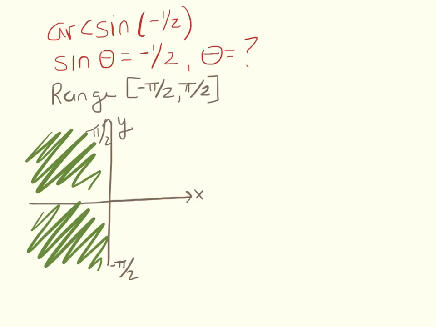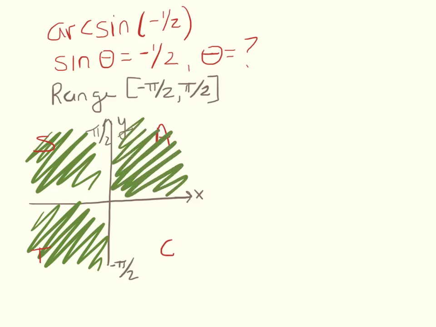And the way we do that is we remember the signs. We know that all of our trig functions are positive in the first, and cosine is positive in the fourth. Now here we're being told that the sine of our angle is negative, right? The sine of our angle is negative. So that angle can't be in the first quadrant. So let's get rid of that.